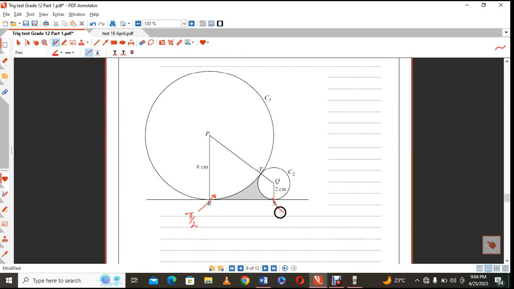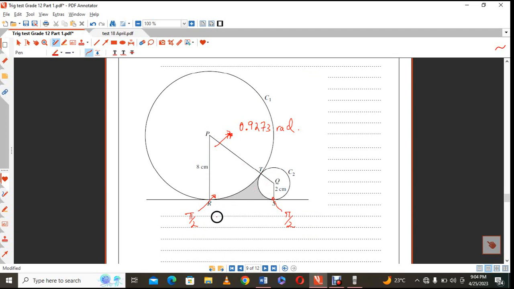This one here is also pi upon 2. This angle over here, from my former work, was 0.9273 radians. So it's a four-sided figure, and all the interior angles should add up to 2 pi radians or 360 degrees.